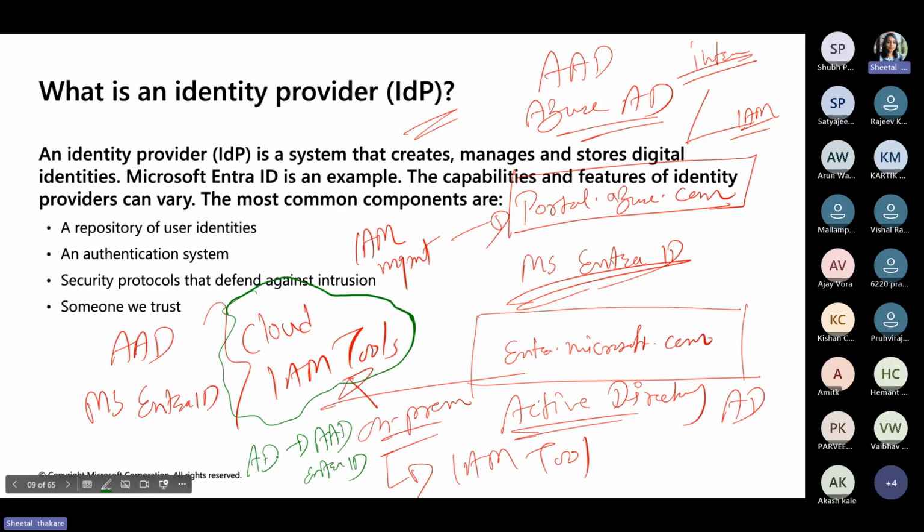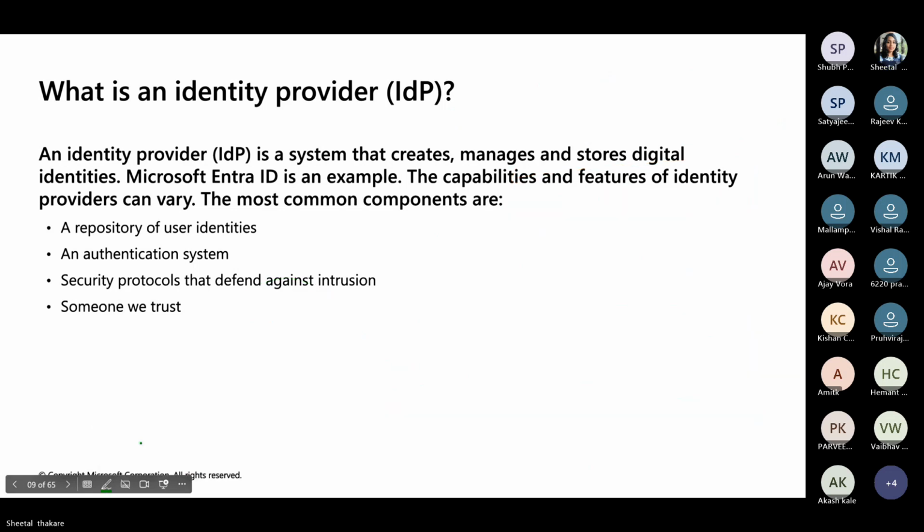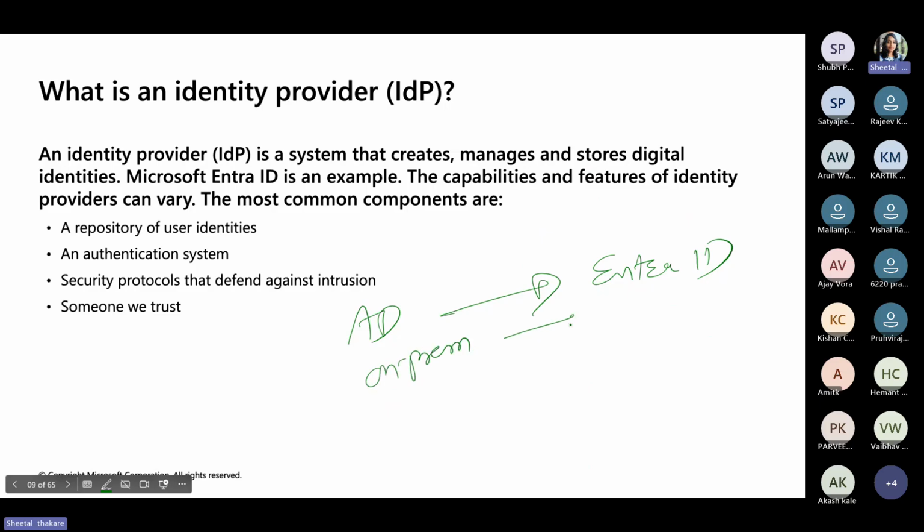You can sync them as well. When you sync AD with the Entra ID, all these on-prem users will be able to access cloud resources, and they will also be reflected in Entra ID. They will be called hybrid identities.